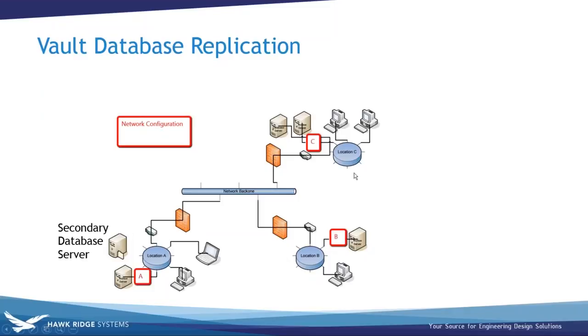So you have two database servers, one that handles all the read requests and one that handles all the write requests. And so that can help improve the performance of PDM just even with a single site that has SQL Enterprise. So that's a really powerful tool to be able to improve PDM performance even more.